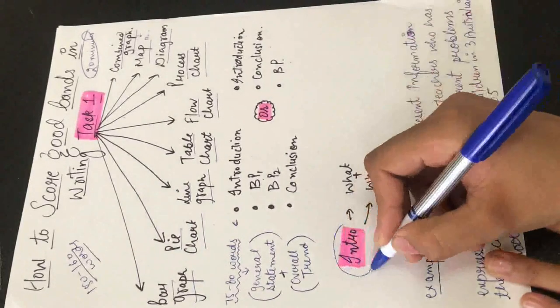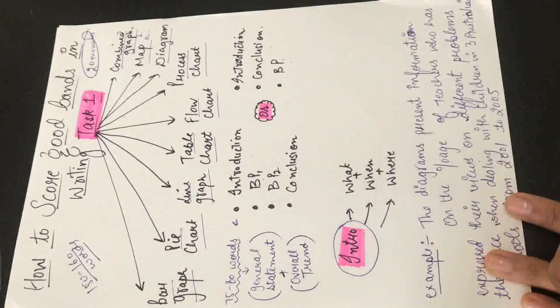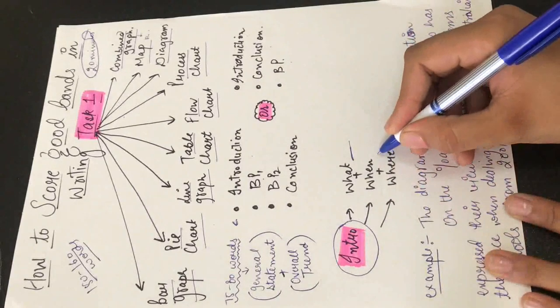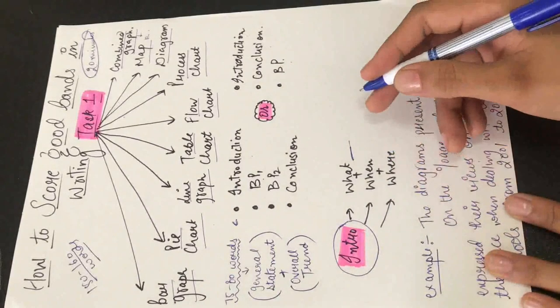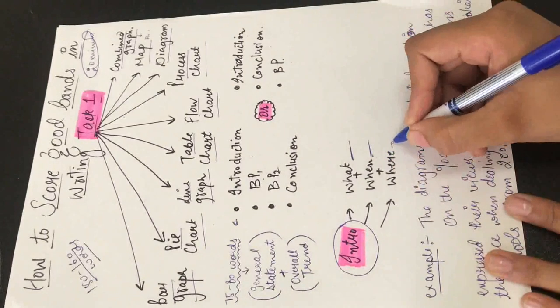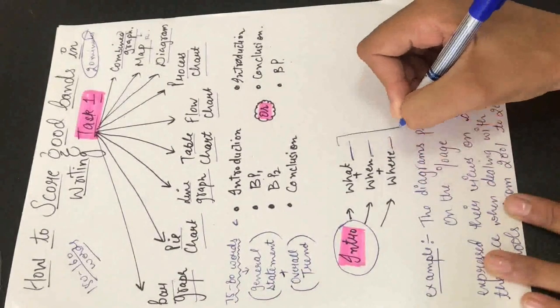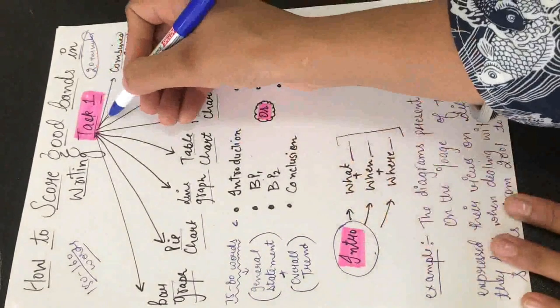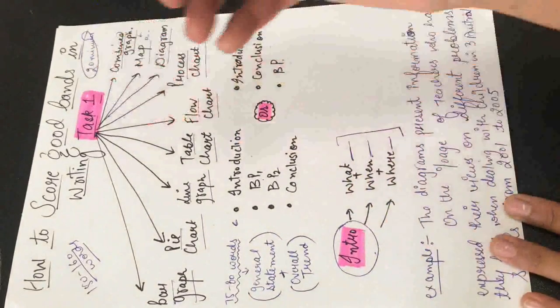In the intro, what we have to explain is what the question is related to, when that happened and where that happened. We have to cover all these three things in our introduction in writing task 1 in academic IELTS.